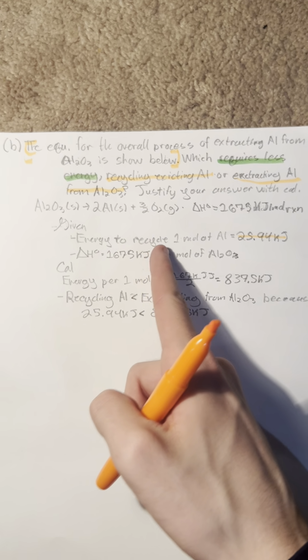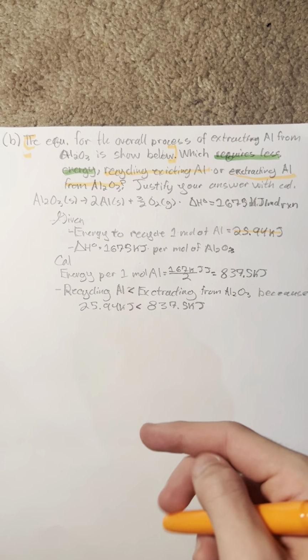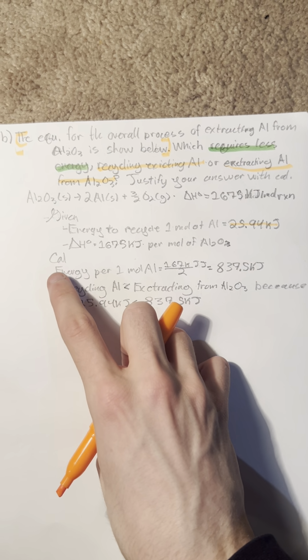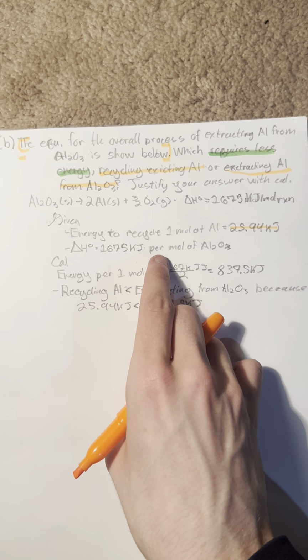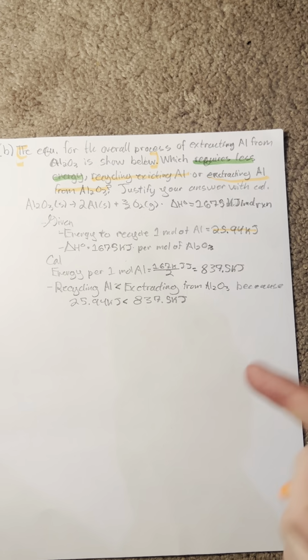We are given from this the energy to recycle 1 mole of Al. Now the calculation we need to make is extracting it. This is where you really got to have stoichiometry on lock.